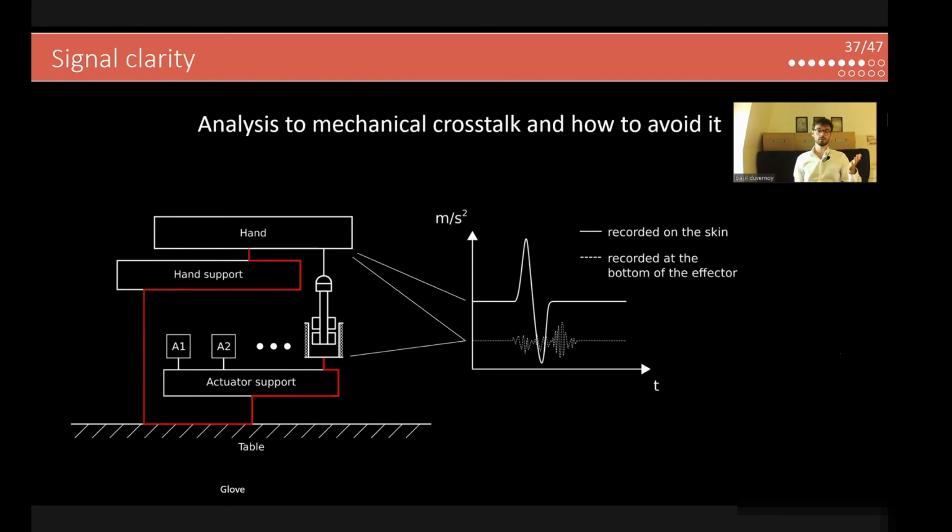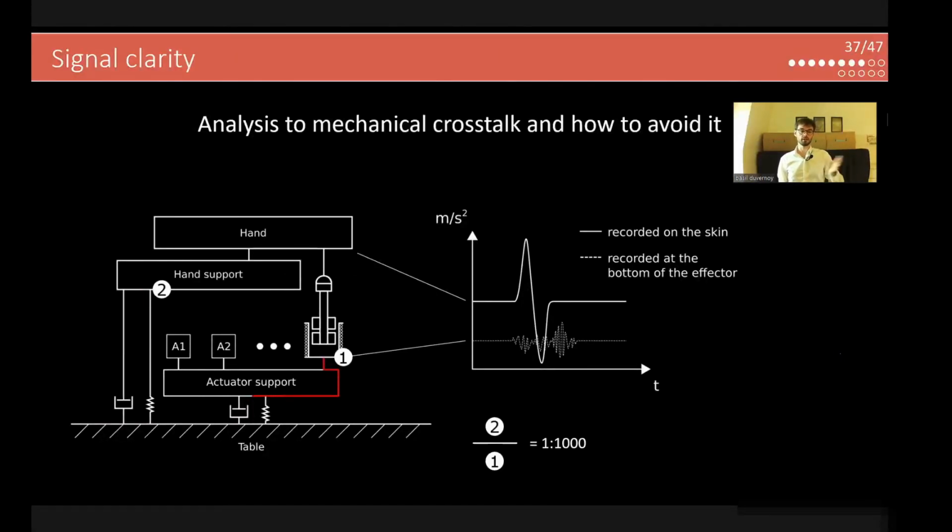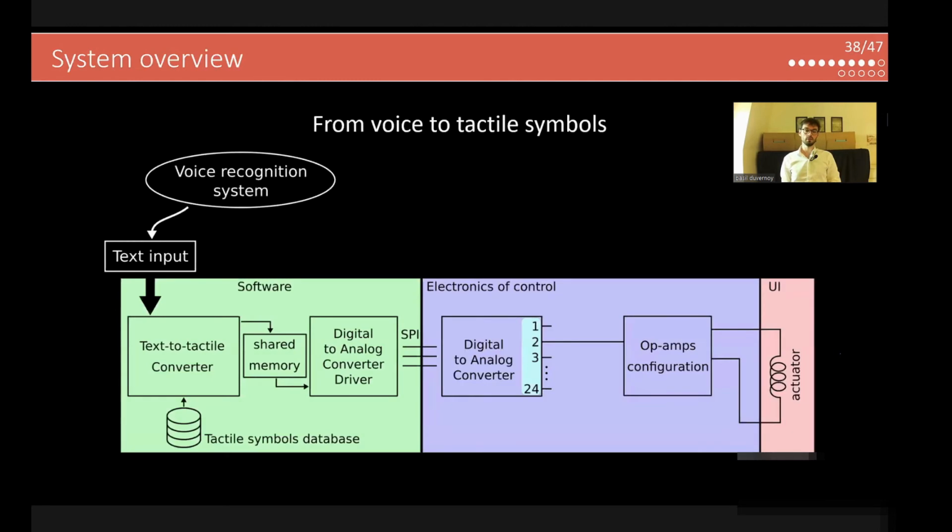And this is actually the type of architecture you have with the glove, where the actuators are sharing the same support as the hand. So to avoid that, we place two damper systems, and we characterize them by placing one accelerometer on the actuator and another one on the hand support, and the ratio between the two is a factor of 1,000, which is what we need to avoid the noise coming to the skin.